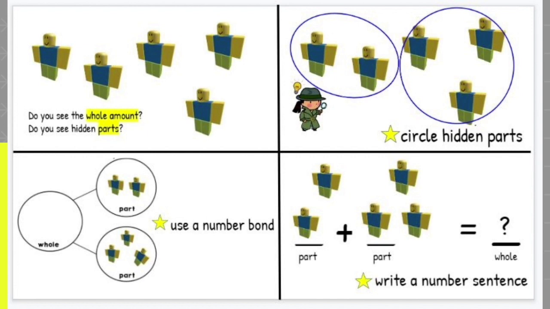And then we use the math tool, a number bond, to organize our two hidden parts. And the skill that we worked on in our last video that was new to us was writing a number sentence. So using our numbers, which are our hidden parts, adding them together in an addition number sentence to show how we got our answer or our whole amount.